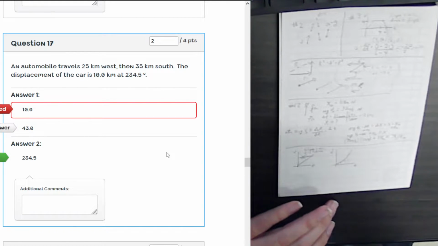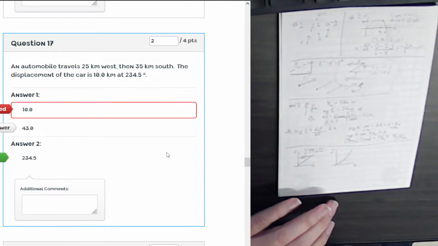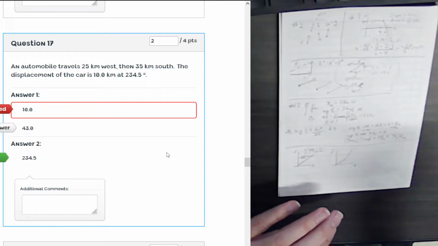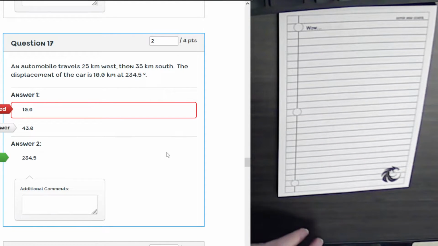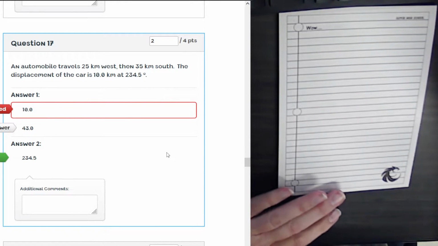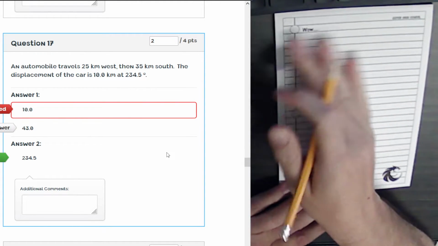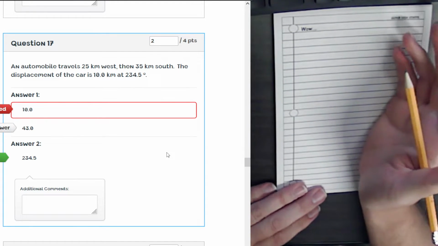Okay, number 17. An automobile travels 25 kilometers west, then 35 kilometers south. The displacement of the car is 10 kilometers at... Oh, that's your answer. Okay. So, it's just asking for the magnitude and direction of the displacement.